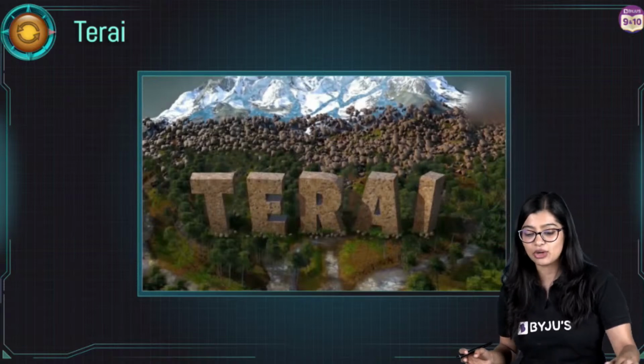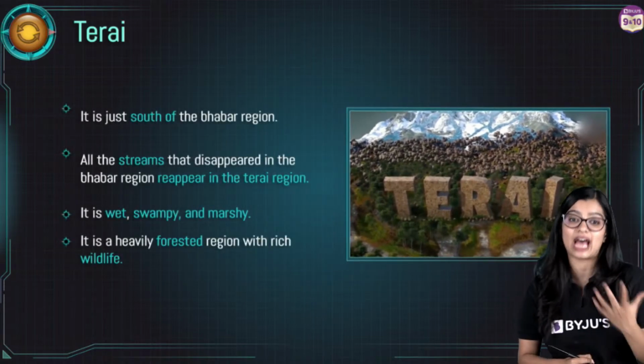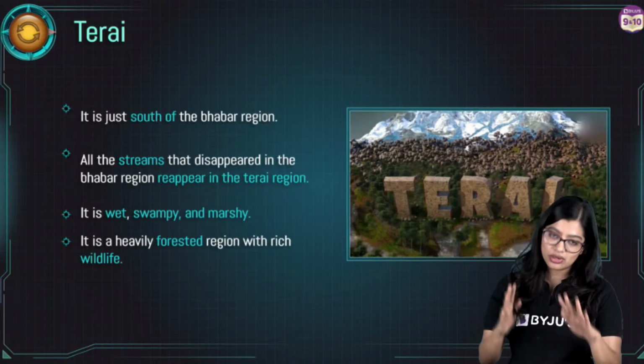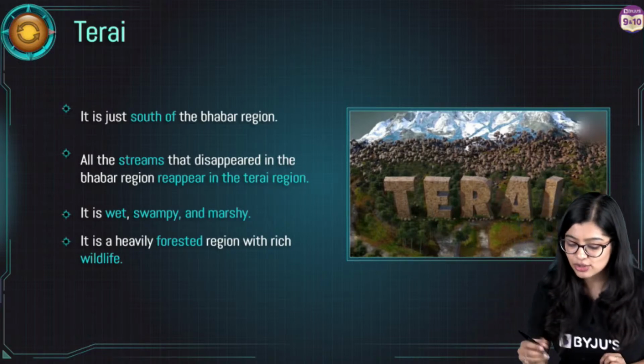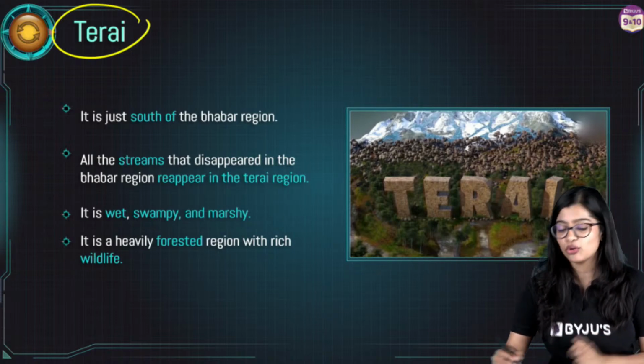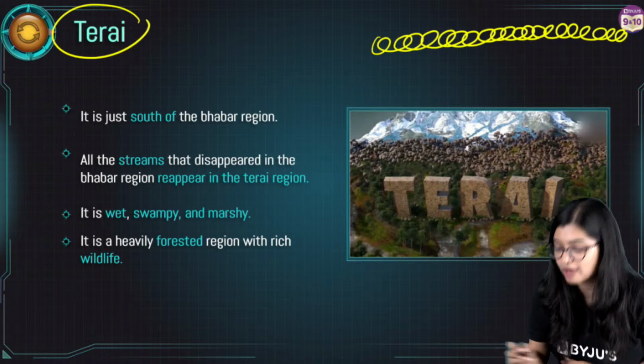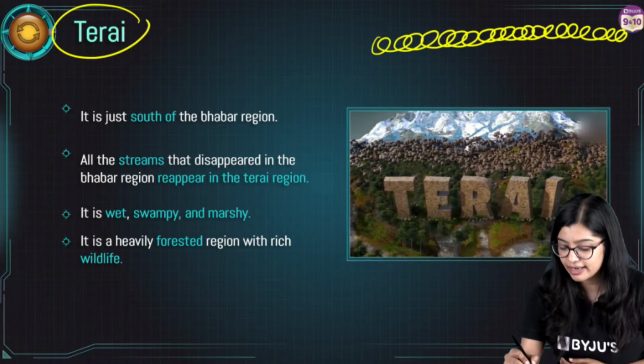Now from there, they will go to the next region, which is called the Terai region. I know this is confusing. Don't worry, I'll explain this once again. You have pebbles, pebbles, pebbles, all brought by the rivers, forming your Bhabar region.